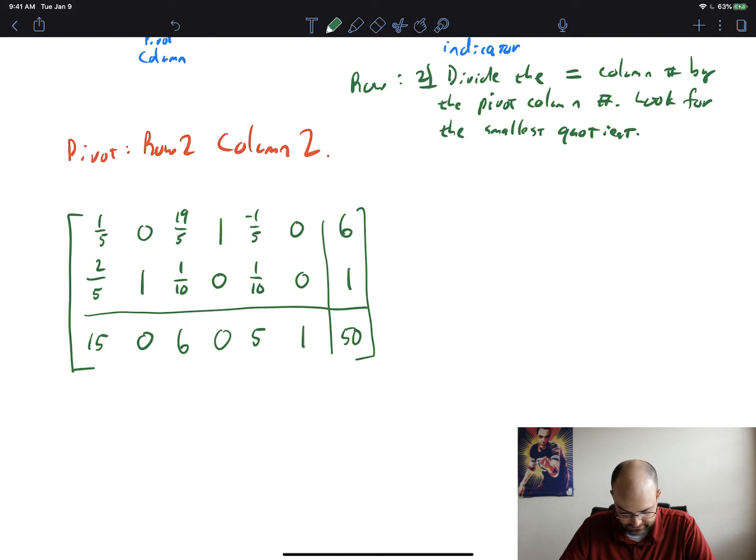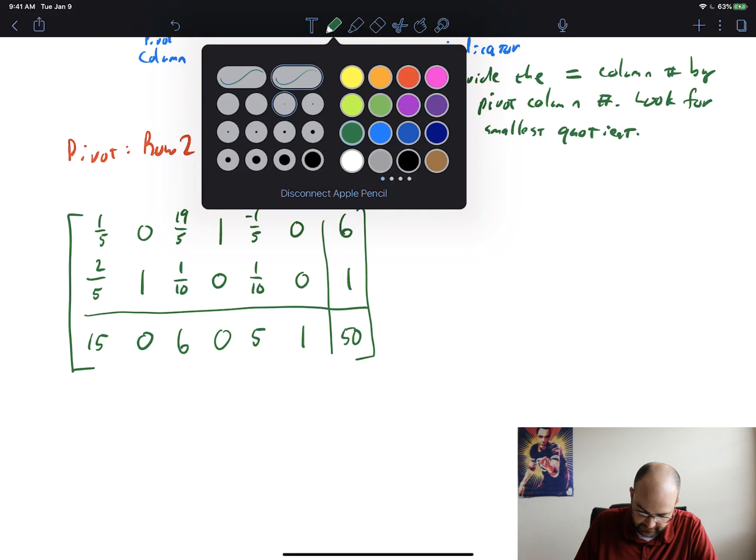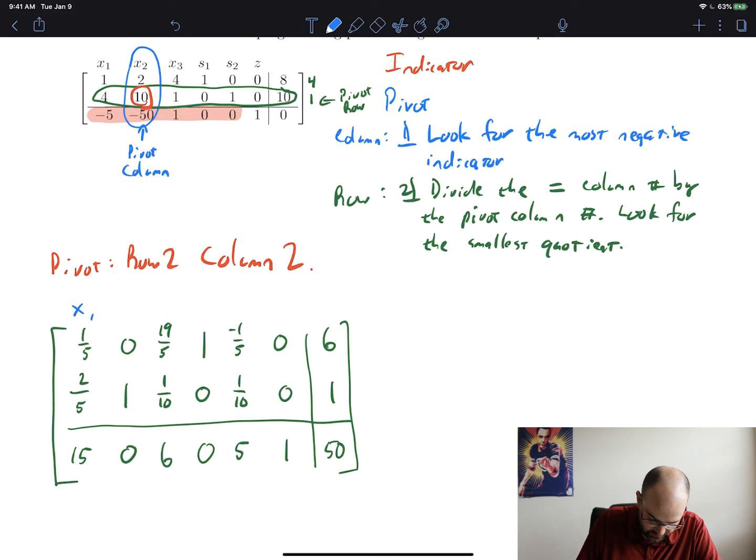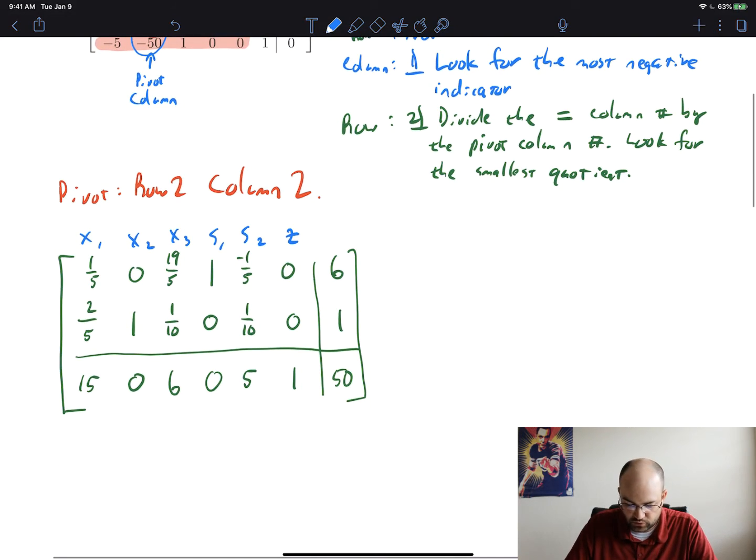Welcome back to the notes. Notice all I did is write down the simplex tableau here. Now, I have not written what the variables are. Remember, the variables in this case are written above as x1, x2, x3, s1, s2, and z. Now, of these, which ones are 0?